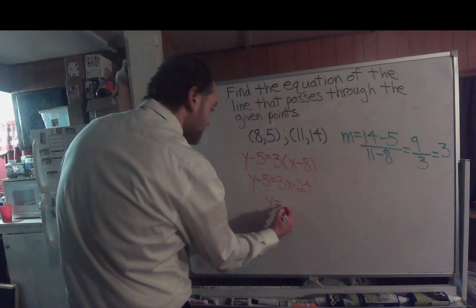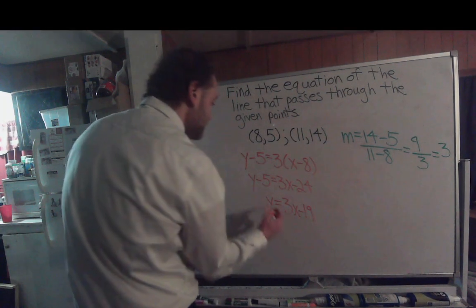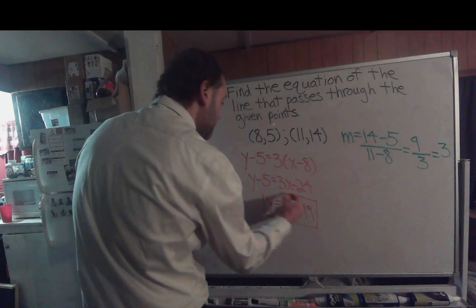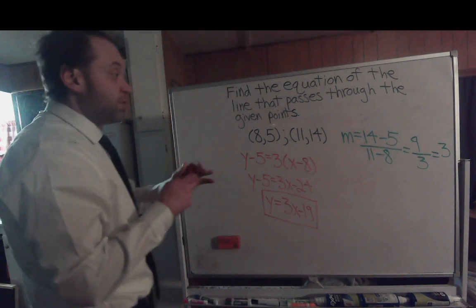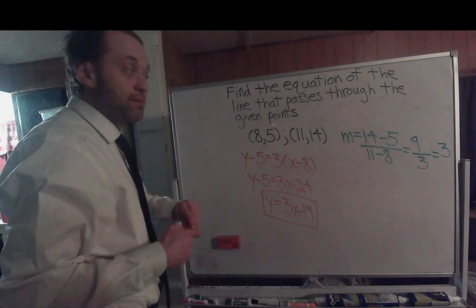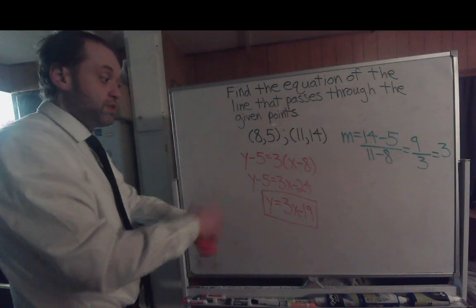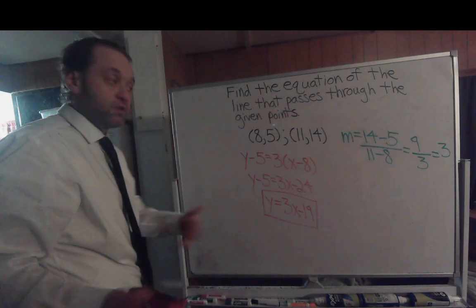So I should get that y equals 3x minus 19. And if I stuck 11, 14 into this instead of 8, 5, I would get the exact same result. So just find your slope and pick one of the points to work with. You'll get your equation in slope-intercept form.